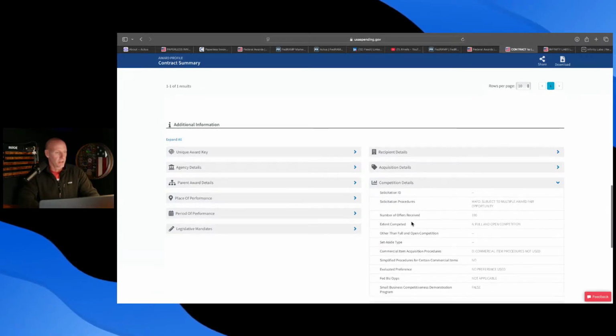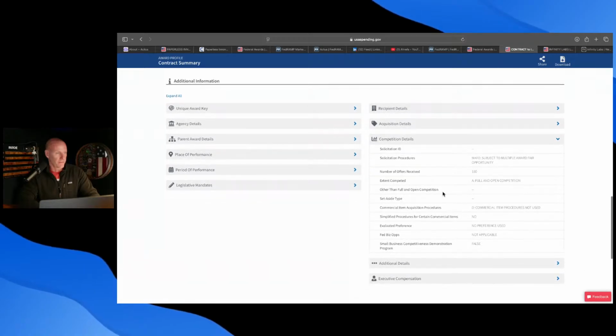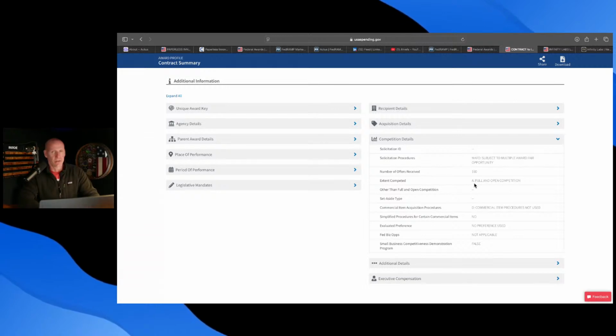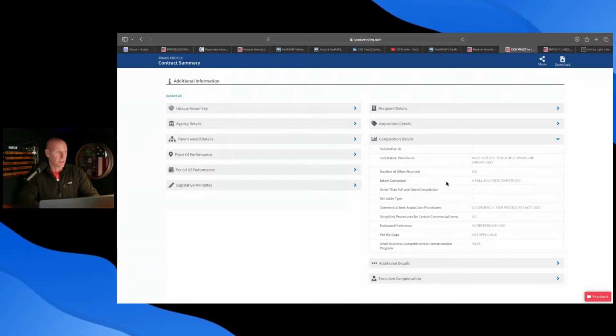So it looks like, yeah, this is a multiple award opportunity. It's probably that ABMS IDIQ. And full and open, so that means there was no restriction. It wasn't set aside for an SDVOSB, even though they have that certification. I can see 100 offers received, right? So that's a lot.